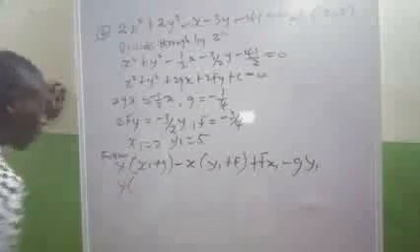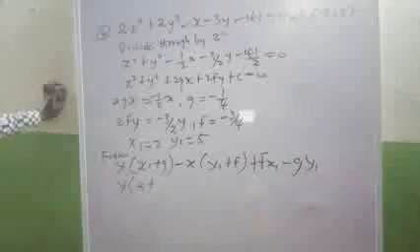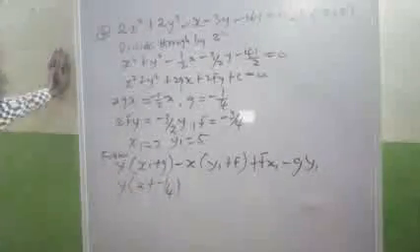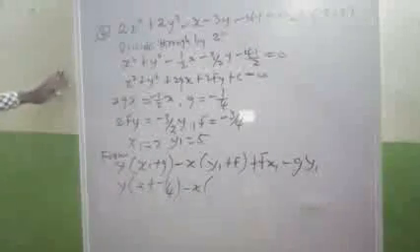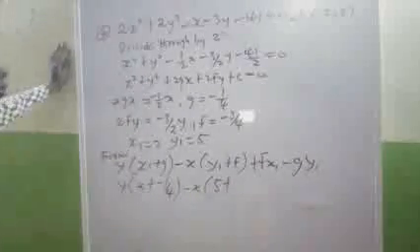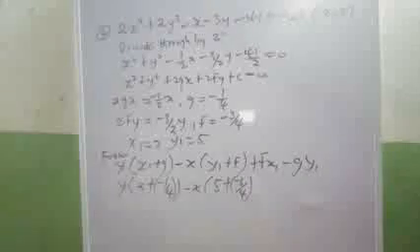So we have y bracket, x1 is 2 plus g is minus 1 over 4. This will be minus y into bracket, y1 is 5 plus minus 3 over 4. Let me bracket here so that it will be clearer.